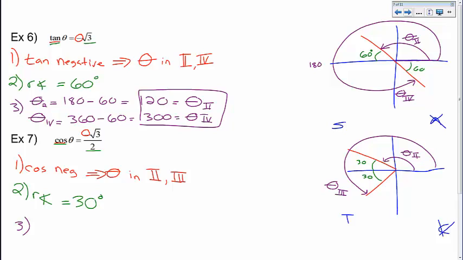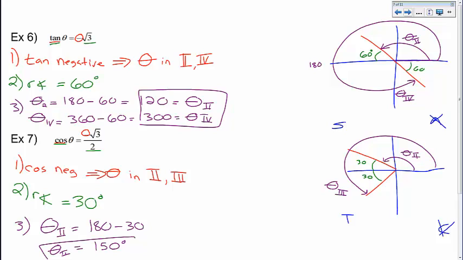Next, we label our theta in 2 and theta in 3 so we don't confuse what angles we're looking for. To get theta in 2, I simply follow the procedure for getting an angle in quadrant 2. I take 180 degrees, subtract the reference angle 30, and I come out with a value of theta in 2 equal to 150 degrees.